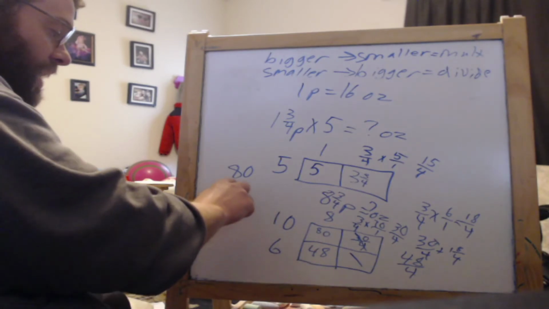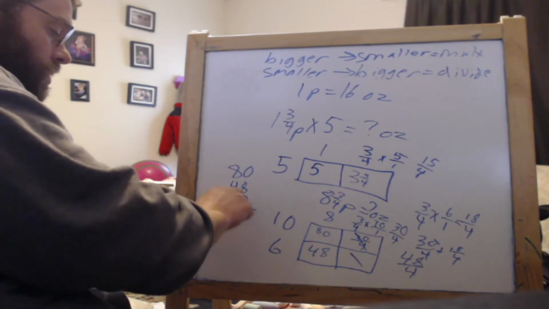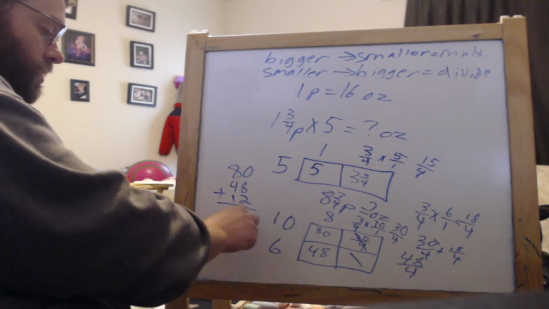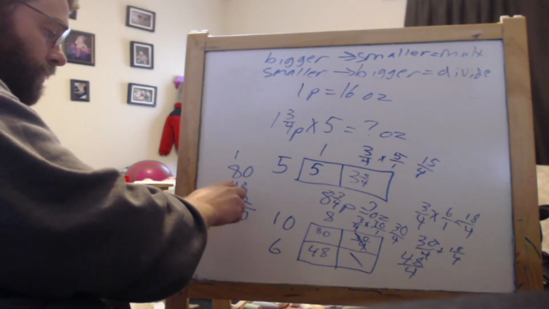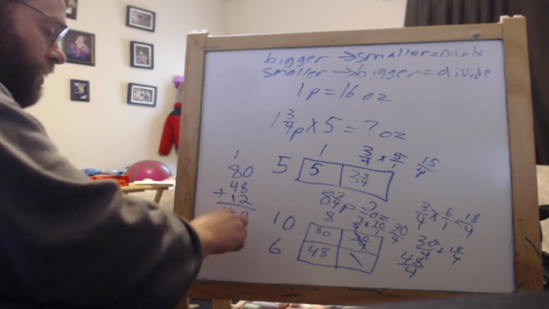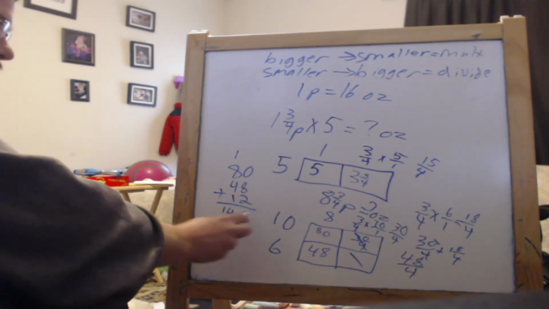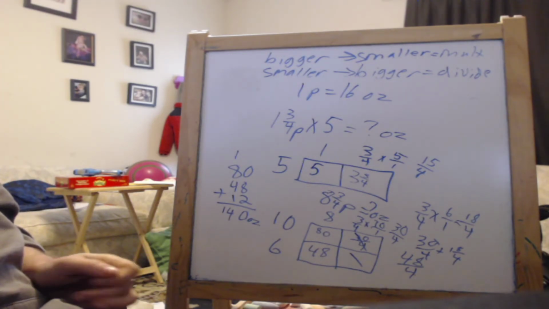So we can just add up 80 plus 48 plus 12, which equals, 8 plus 1 is 9, plus 4 is 13, plus 1 is 14, so that equals 140 ounces of food the dogs would eat over 5 days.